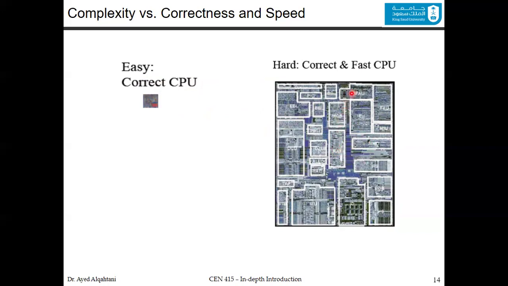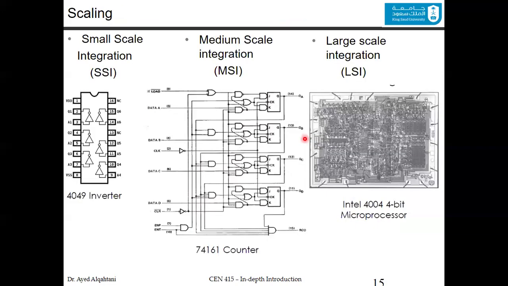So probably this would be faster than this one. And each CPU, or even a microprocessor, even microcontrollers, they have specific features, and they vary between each other.